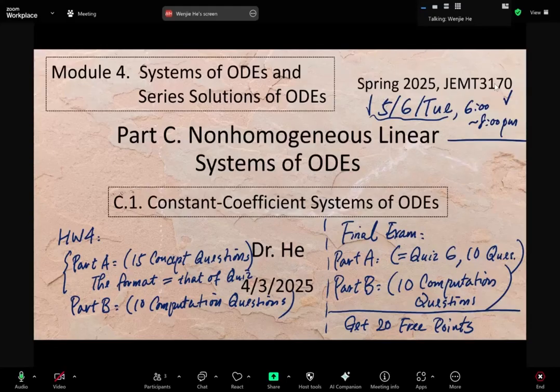Another thing, remember last time I mentioned you can list 3 questions for the second chance. On your test paper you can list 3 questions you would like to have a second chance.